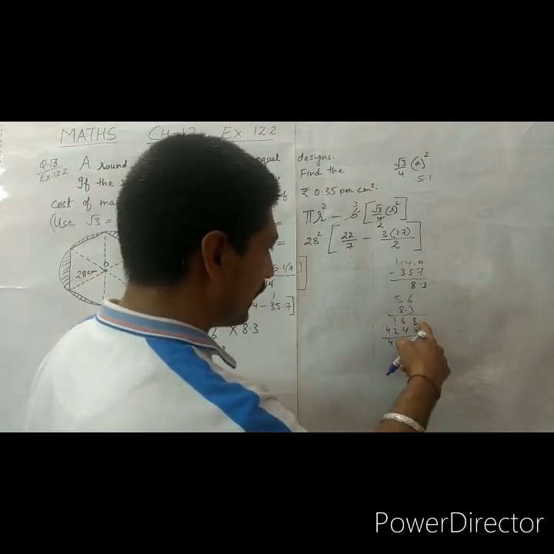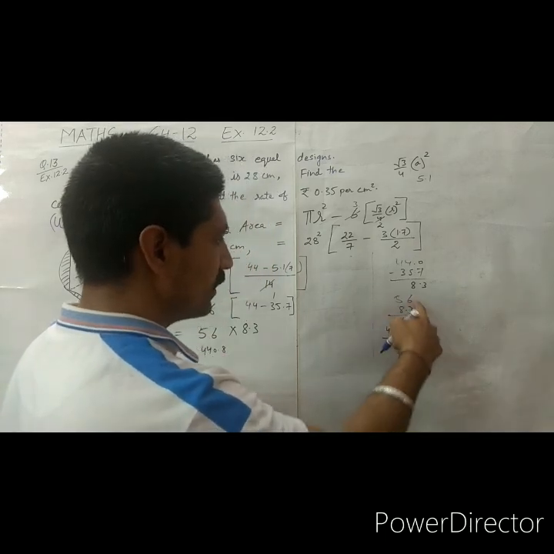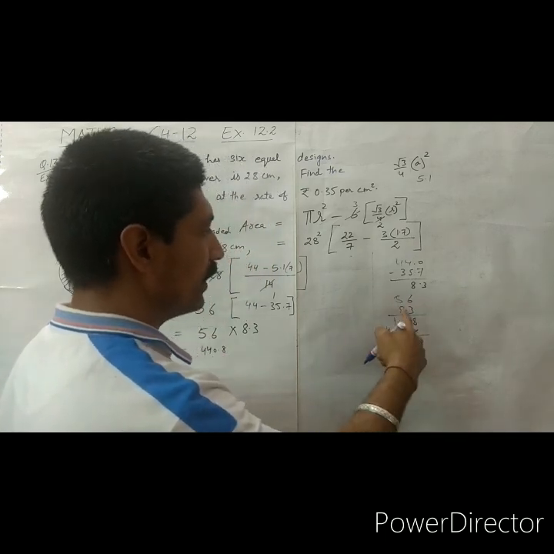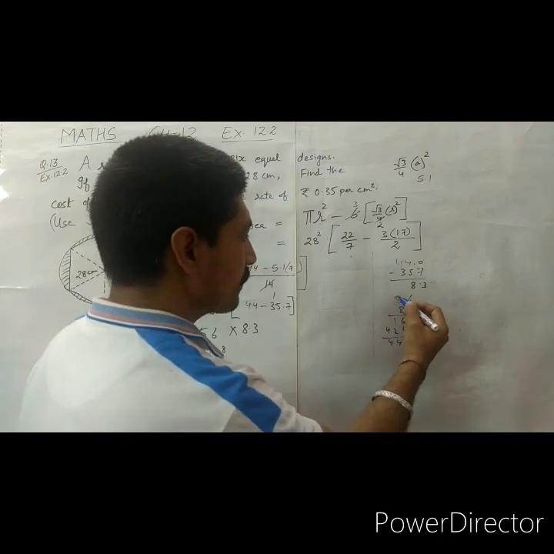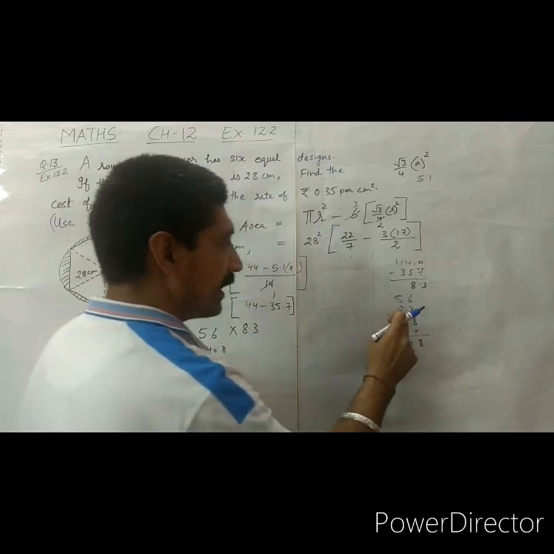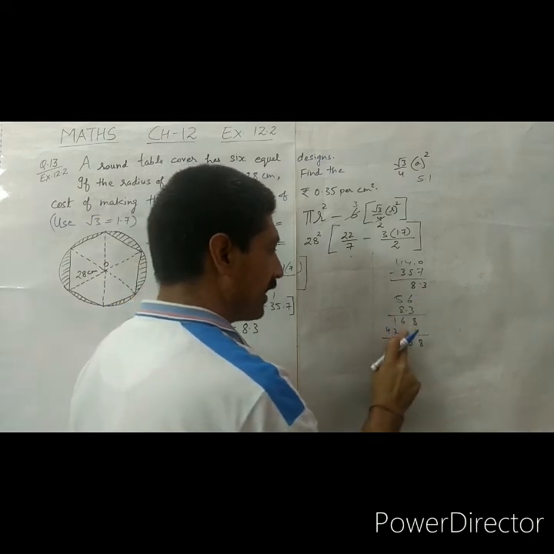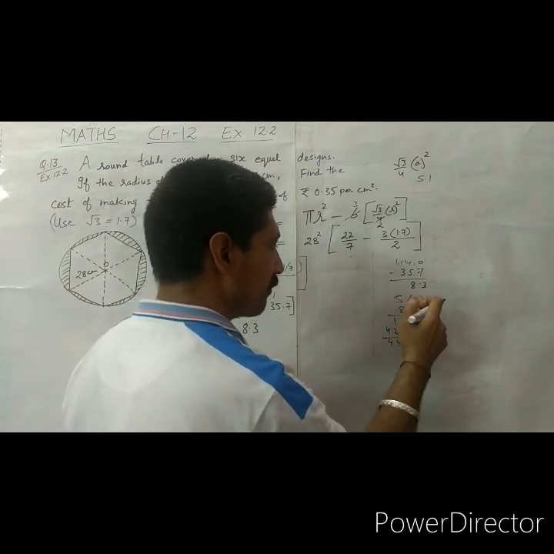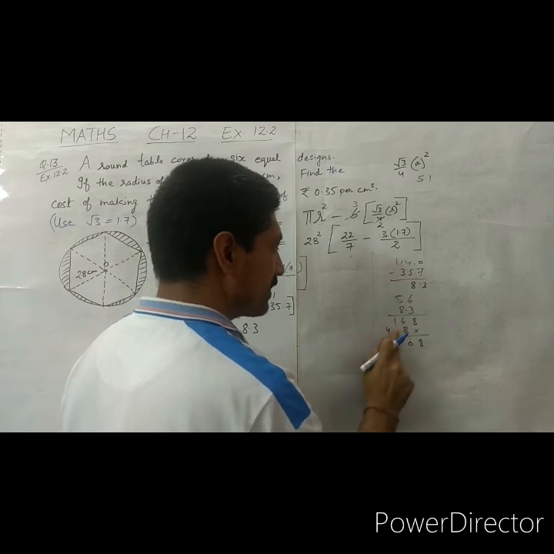Here we have 8 6s are 48, and 40 it is 44.